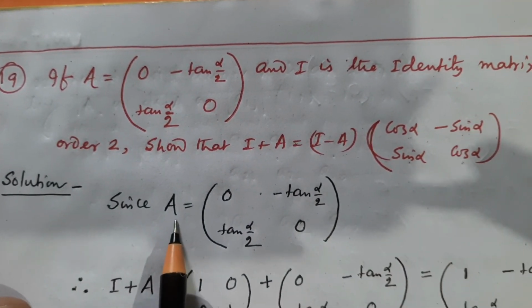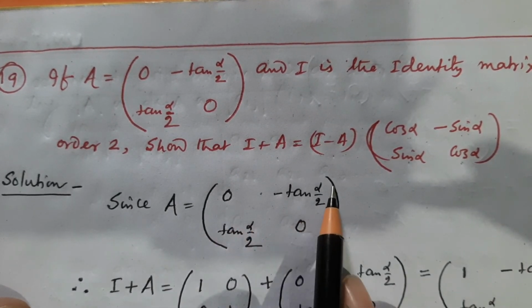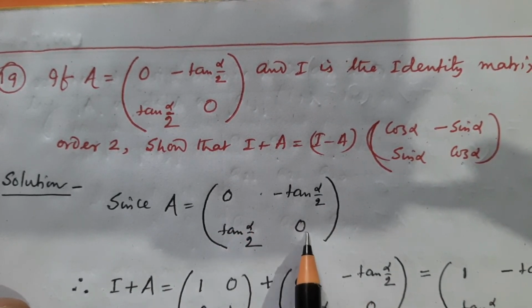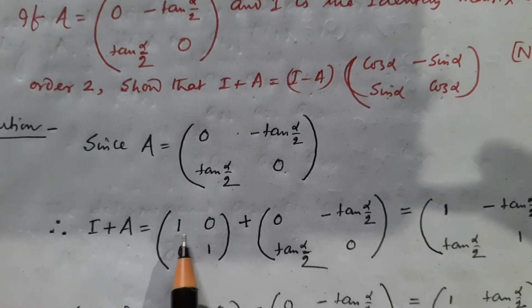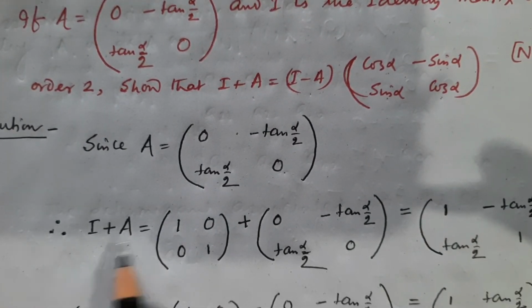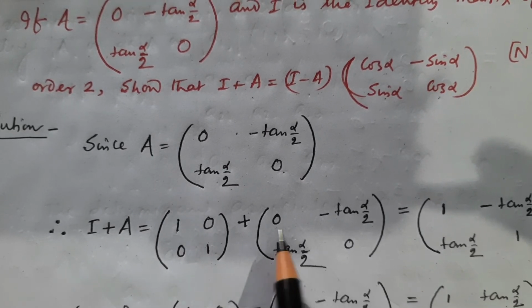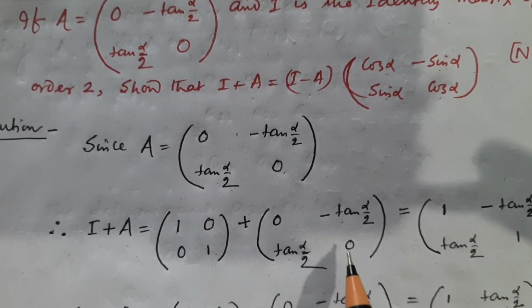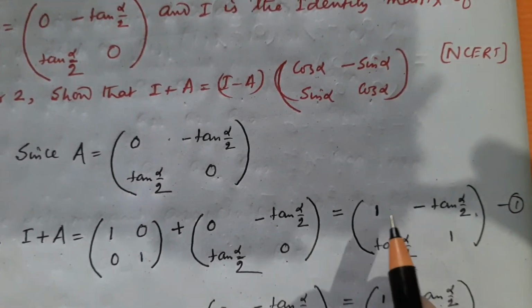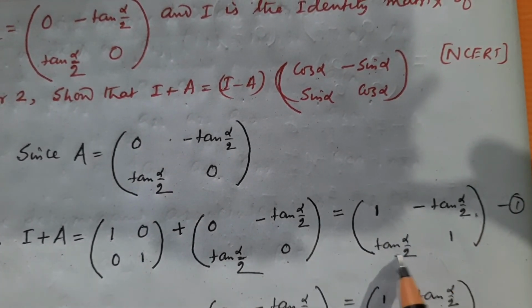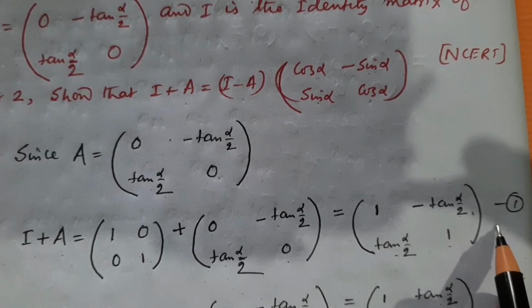Since A equals [0, minus tan alpha by 2; tan alpha by 2, 0], now evaluate I plus A, that is, I, the identity matrix of order 2, [1, 0; 0, 1], plus [0, minus tan alpha by 2; tan alpha by 2, 0]. We can add these two matrices, and we get [1, minus tan alpha by 2; tan alpha by 2, 1]. This is equation 1.